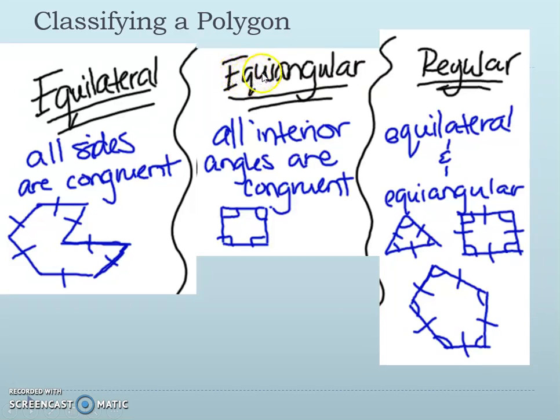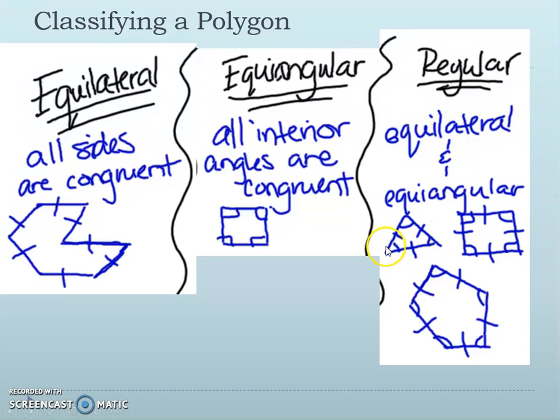E-Q-U-I, angular. So equilateral, the lateral means side. Equiangular means equal angle. So if all interior angles are congruent, that's equiangular. And then a regular polygon means it's equilateral and equiangular.